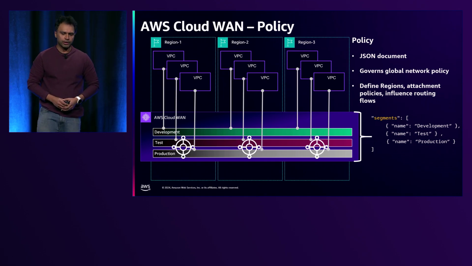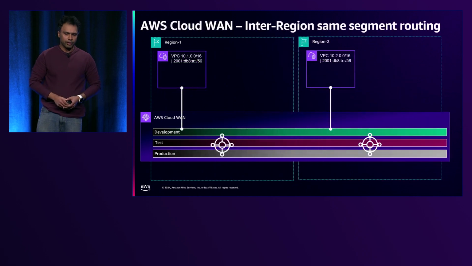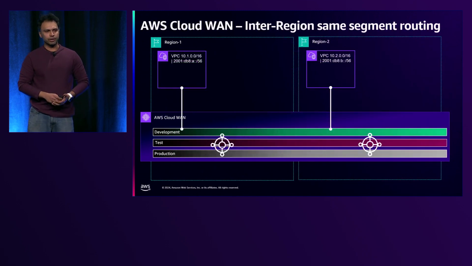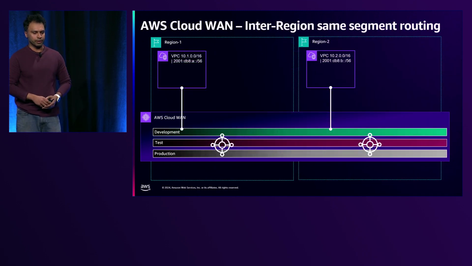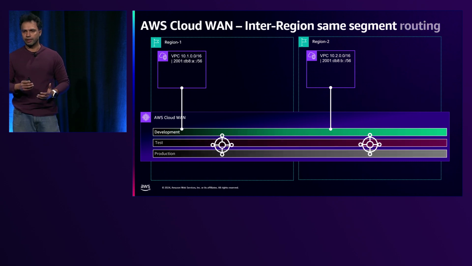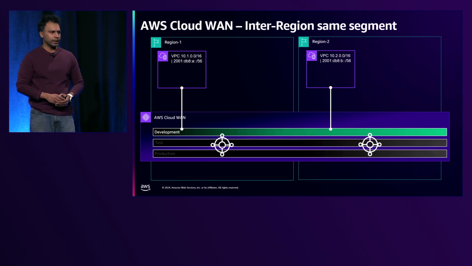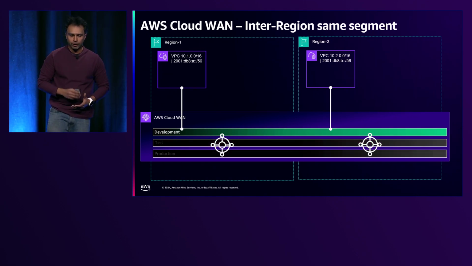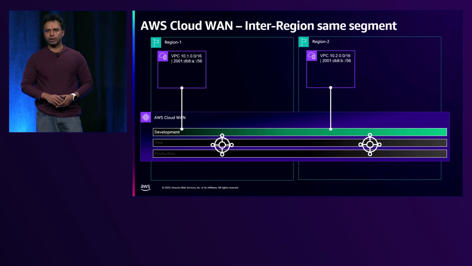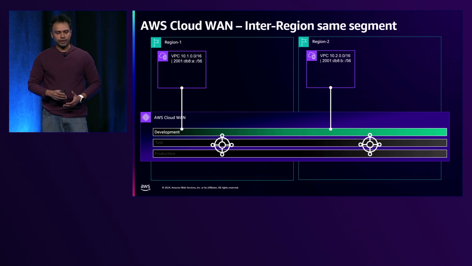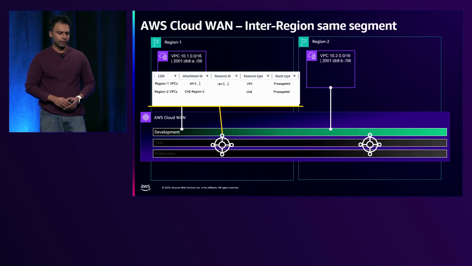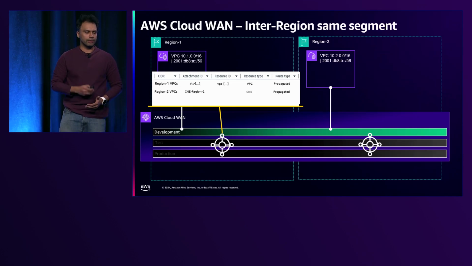So with this base knowledge, let's go into the first use case, which is providing inter-region same segment routing across VPCs. So in this case, you have 2 VPCs in different regions, both associated with the dev segment. Now we spoke about regional routing views of the segments. So this dev segment will have a routing table in region 1. Over here, you would see region 1's VPC CIDRs, which are expected.